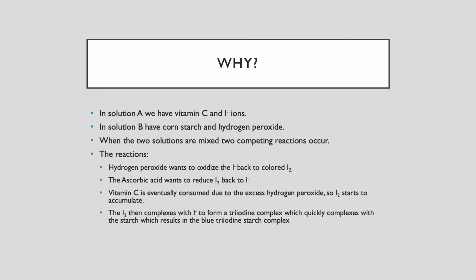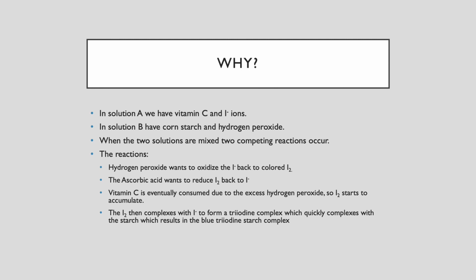The hydrogen peroxide wants to oxidize the I negative back to colored I2. The ascorbic acid wants to reduce I2 back to I negative. And vitamin C eventually will be consumed due to the excess of hydrogen peroxide.